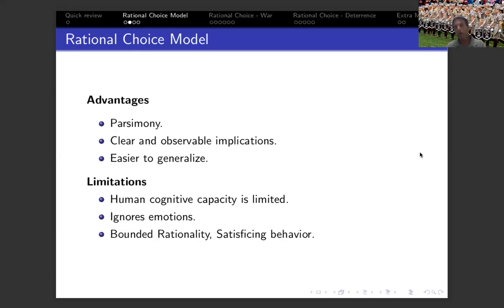Once I find one of those alternatives which is satisfactory to me, and I like the outcome, this is going to be my choice. That's satisficing. So that's the limitation of rational choice and what we actually do in reality. It's not really an opposite, but it is some variation of the way that the classic rational choice model exists.